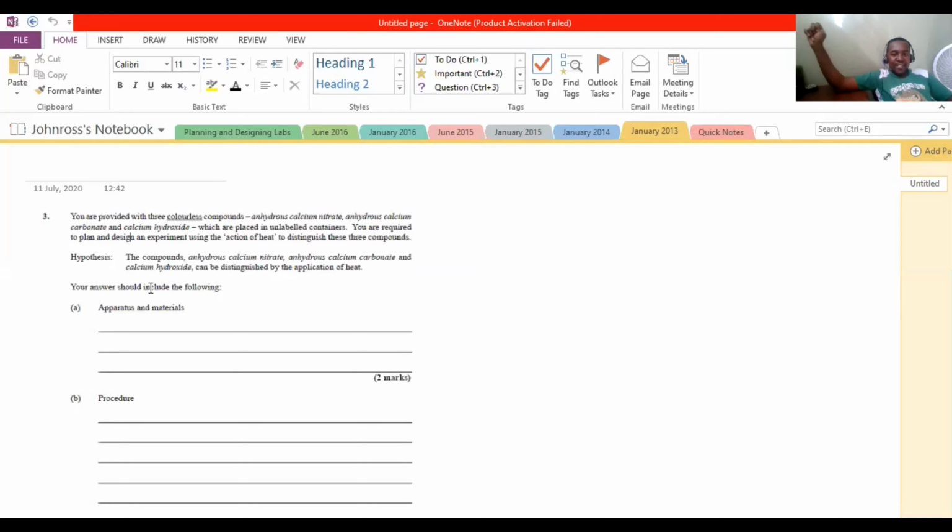Right, and so if we apply heat, what will happen to calcium hydroxide if it is heated? Because that's the only one that does not have anhydrous in it. If we apply heat to calcium hydroxide, then it will become anhydrous.